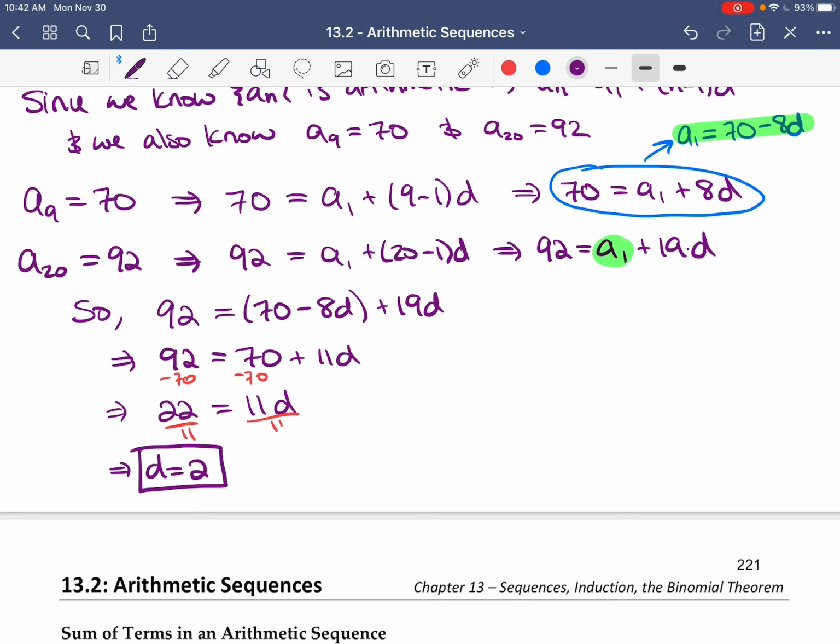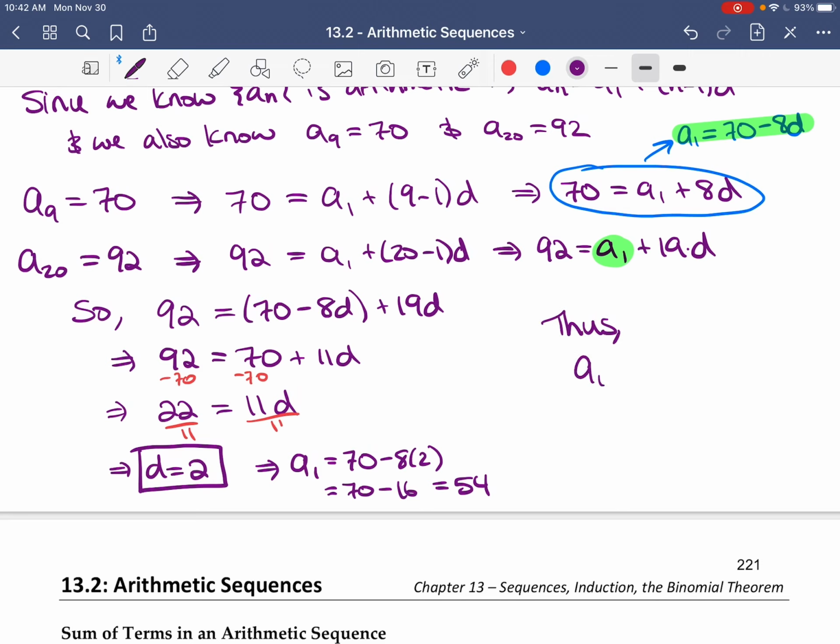Now I can plug that into my equation for a1 and figure out what a1 is. So a1 is 70 minus 8 times 2, so that's 70 minus 16, which is 54. So that's our first term.